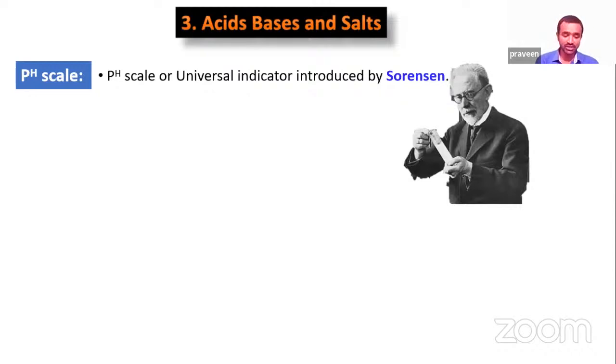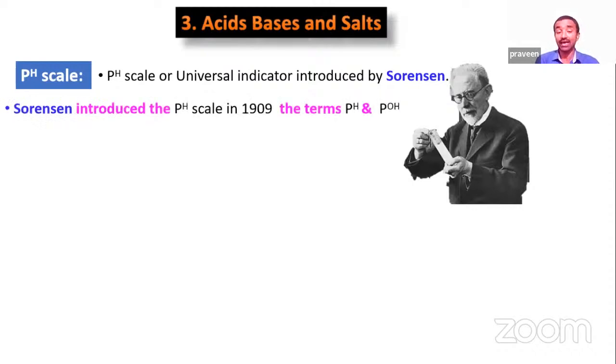So its strength also we can find out. Sorensen introduced this pH scale in 1909 with the terms pH or pOH. So already you know what H and OH ions are.